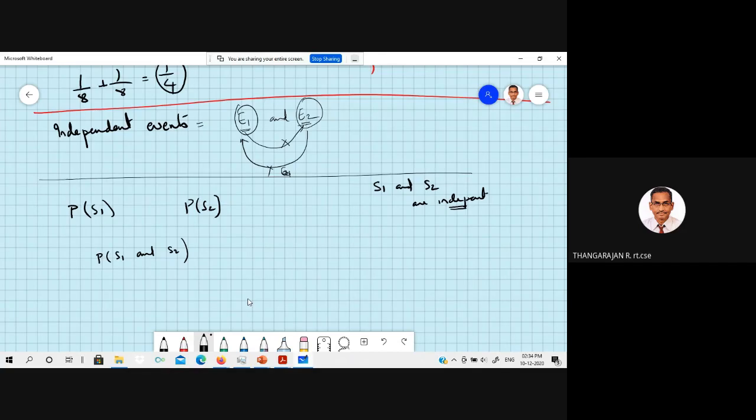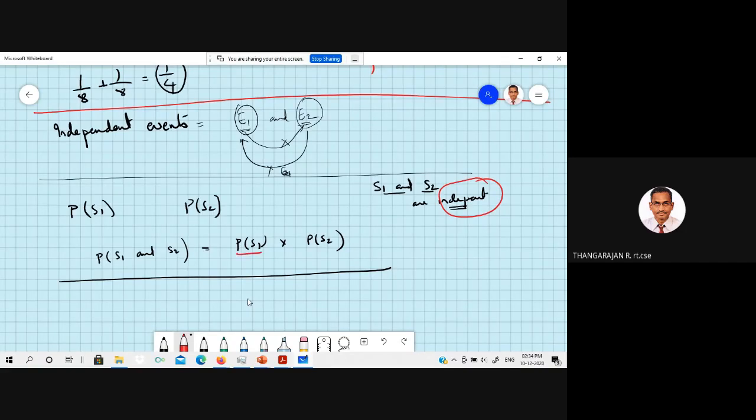What is the probability of S1 and S2 occurring together? That is nothing but the probability of S1 times the probability of S2. If S1 and S2 are independent, just take the product of the individual probabilities and multiply them directly. That will give you the probability of simultaneous occurrence of S1 and S2.